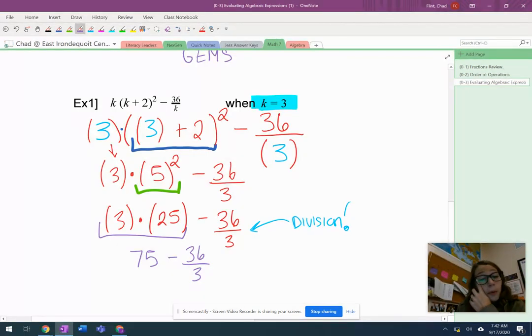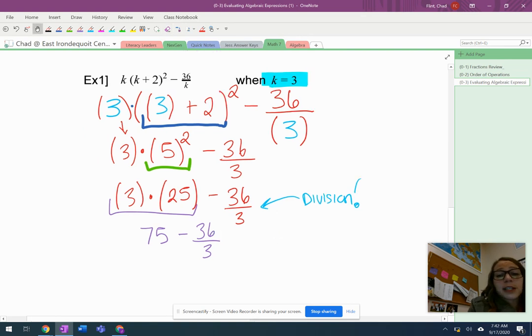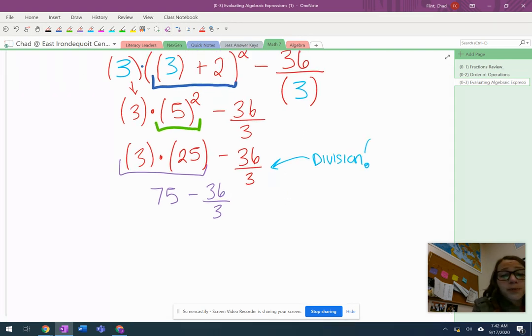So now I'm still not done with that M in GEMS, because that M is multiplication and division, and I still have some division left to do. So 36 divided by 3 is what I need to look at next. Maybe you need to take this off to the side and do the little house. So 36 divided by 3 is 12.